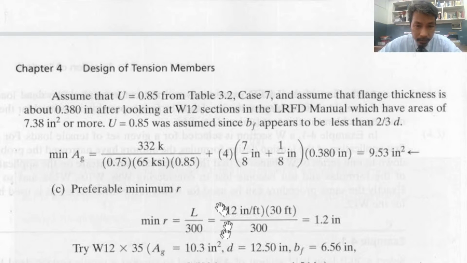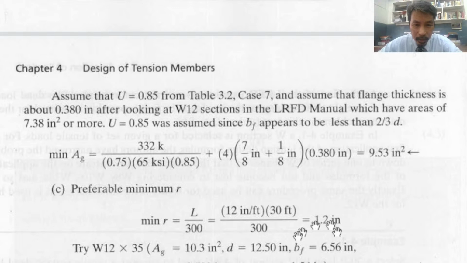Okay. So we have here, if you plug in the given data, 1.2 inches. Okay. And you have what? Minimum is equal to Ry is equal to 1.54. Okay.